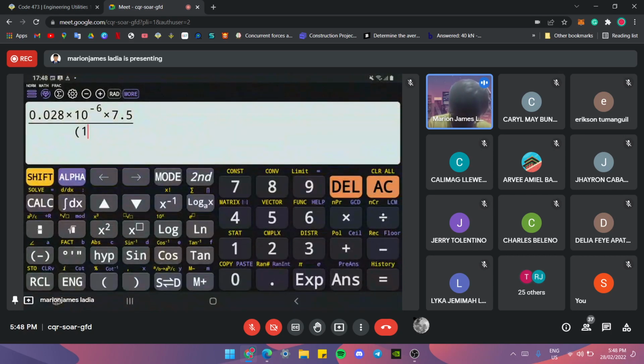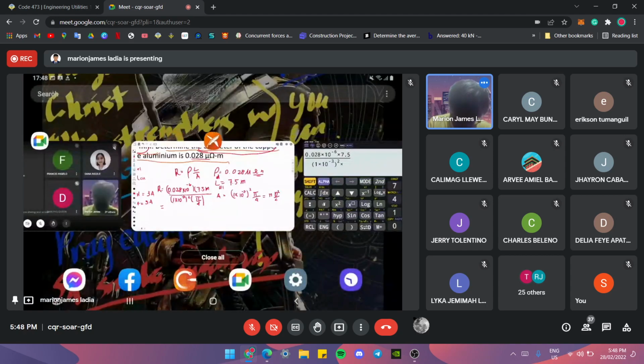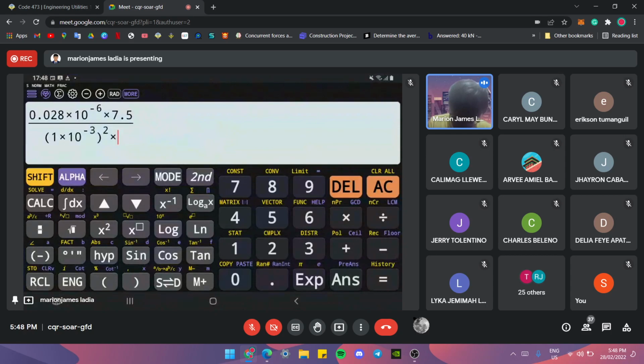So, 1 times 10 raised to negative 3 squared multiplied by pi over 4. Equals.